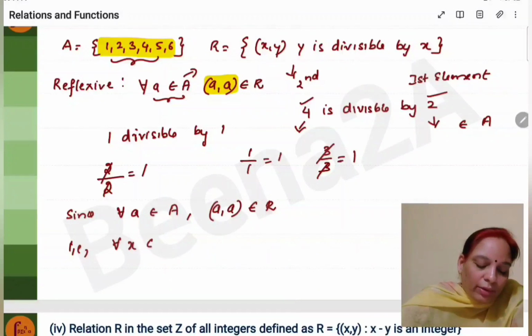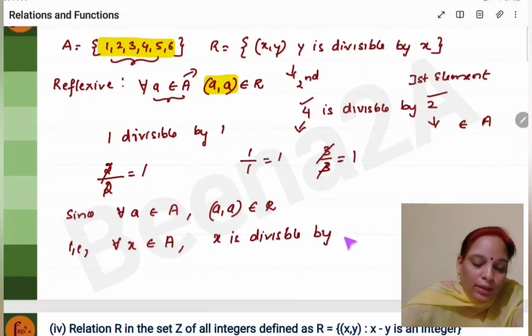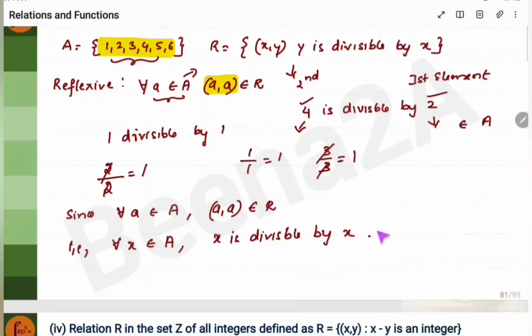For every element x belonging to set A, x is divisible by x. Therefore, R is reflexive, because x is divisible by x. The second element is divisible by the first element, and in this case both are the same for reflexive.